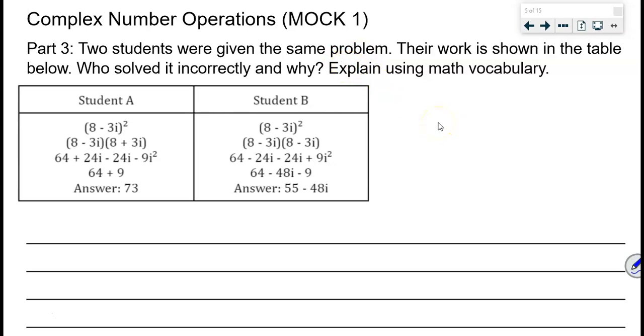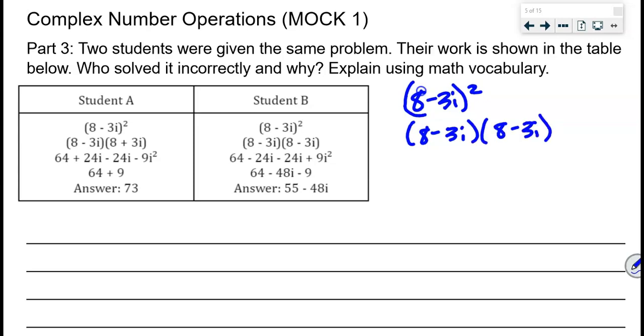So this one says, 2 students were given the same problem. Their work is shown in the table below. Who solved it correctly and why? Okay, so obviously the problem is (8 minus 3i) squared. So that is 8 minus 3i times 8 minus 3i. Could use the box here, but I'm just going to use the distributive property. 8 times 8 is 64. 8 times negative 3i is negative 24i, and negative 24i, and then negative 3i times negative 3i is going to be plus 9i squared.